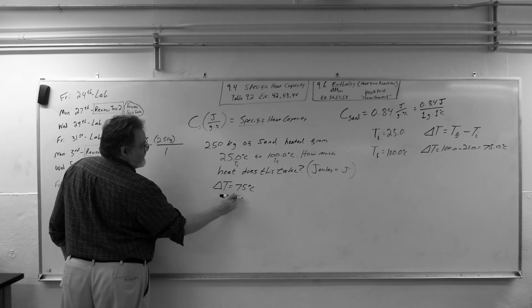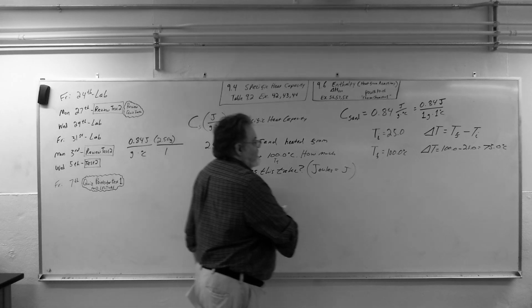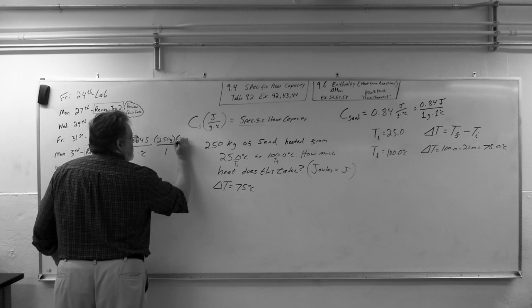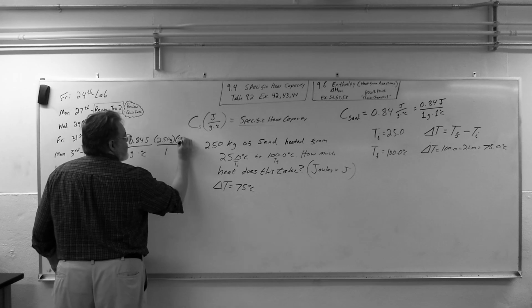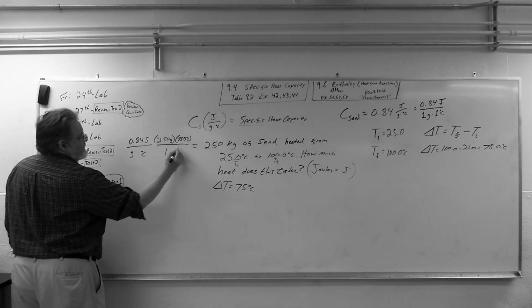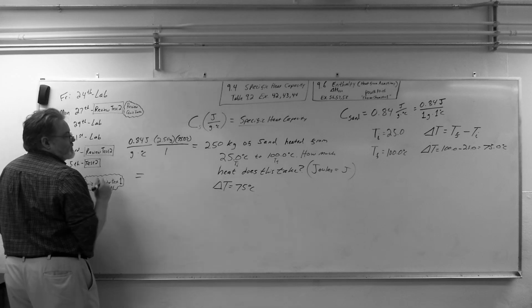This, and then the delta T, you stick the delta T in for degree C, 75.0 degrees C. Equals, so now the grams will cancel, degrees C will cancel, and you'll end up in joules, which is what you want.